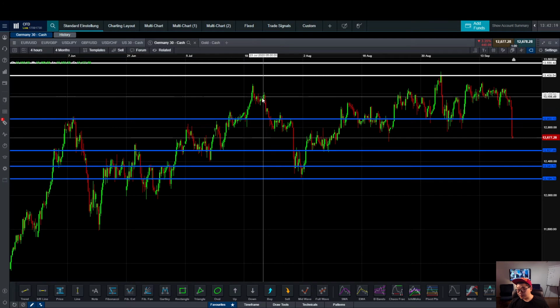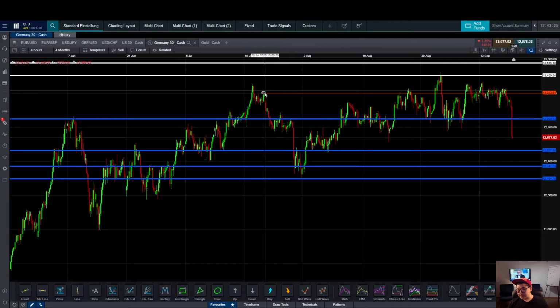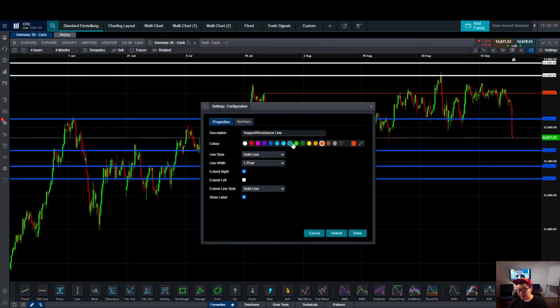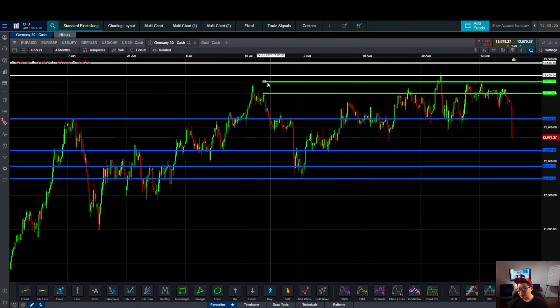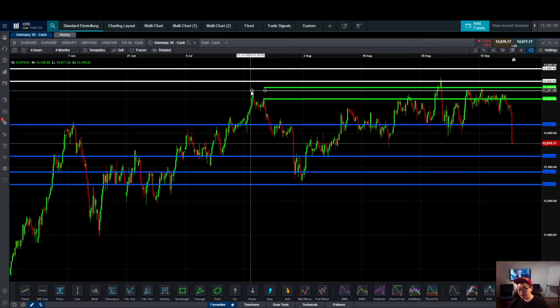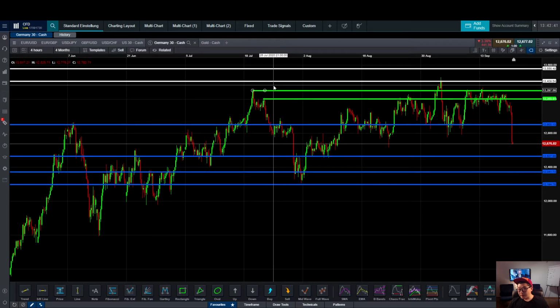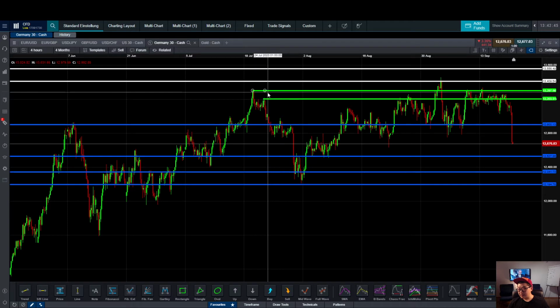This area is major for me in the 4 hours, so we're going to put it in right here. It's not only this area, it's between this and this. So we take this and make it green. Green is our 4 hours, so we understand what our 4 hour lineup is. These two areas are for me the resistance in the 4 hours.